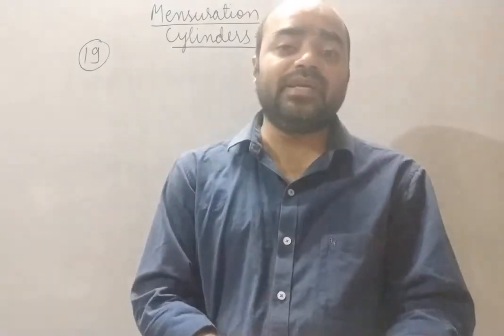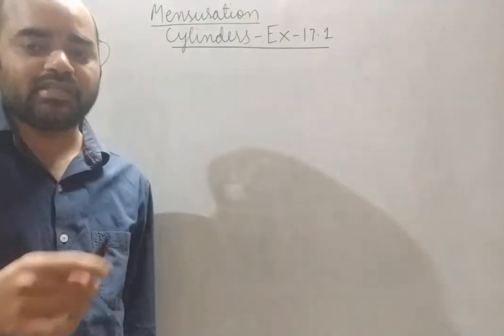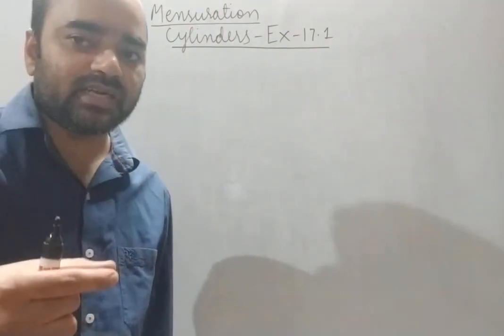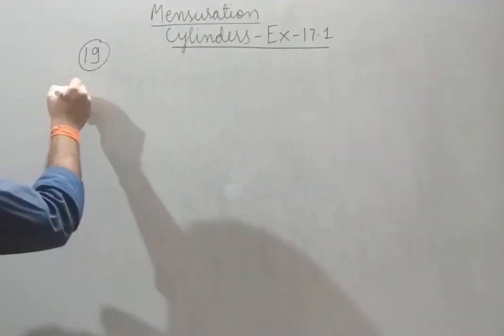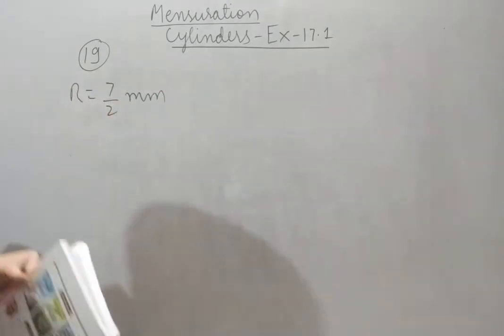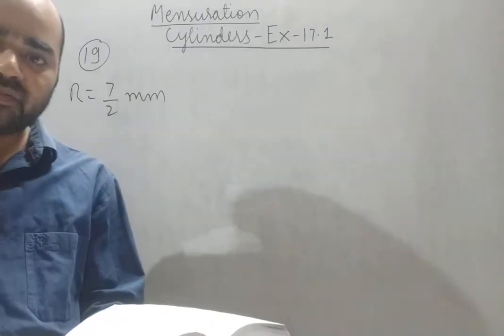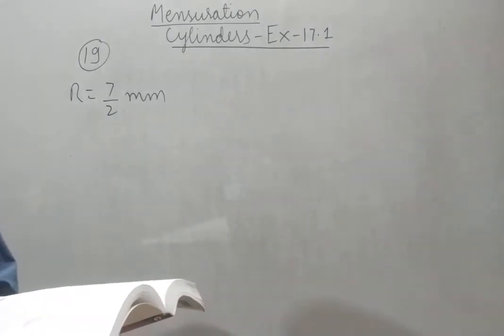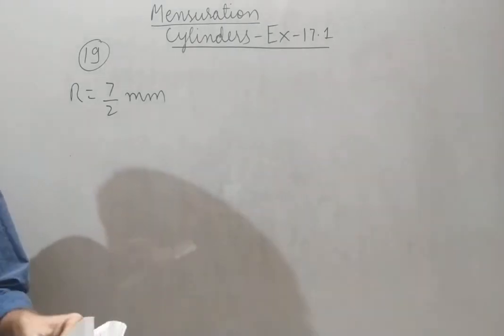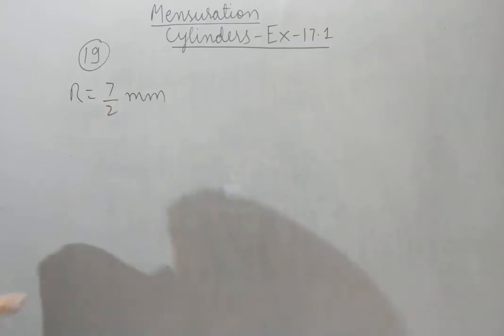The diameter of the pencil is 7 millimeter. Diameter of the pencil means complete pencil, it means complete cylinder, that is capital R. So capital R is given 7 by 2 millimeter. The diameter of the graphite is 1 millimeter. It means diameter of the bigger one is 7, that is why capital R is 7 by 2.